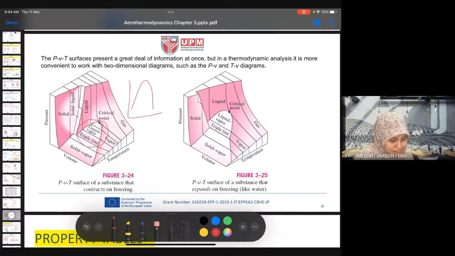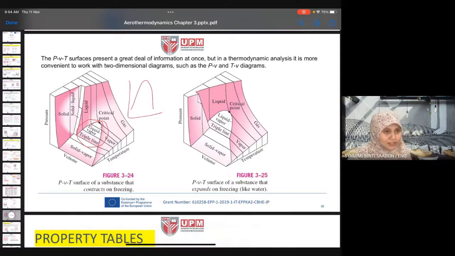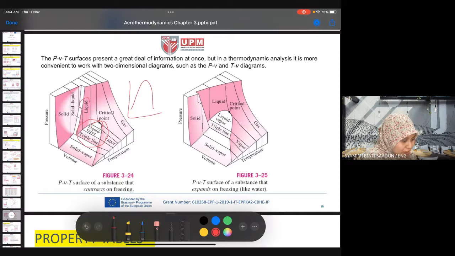It's the same diagram, just that this is in 3D with three different parameters: pressure, volume, and temperature. At this point, the substance is in liquid. After this point, the substance is in vapor, and above vapor, we have gas or superheated vapor.